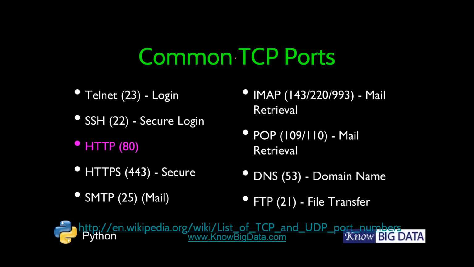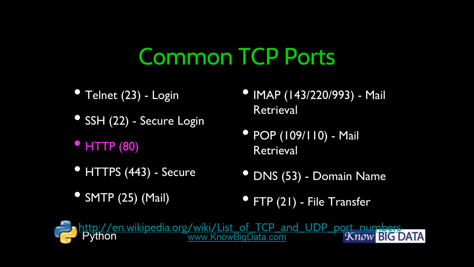These are very common TCP ports over which the communication happens, like SSH 22, Telnet 23. HTTP is what we are going to focus on today, which is why it is highlighted. All the HTTP communication happens over port number 80.